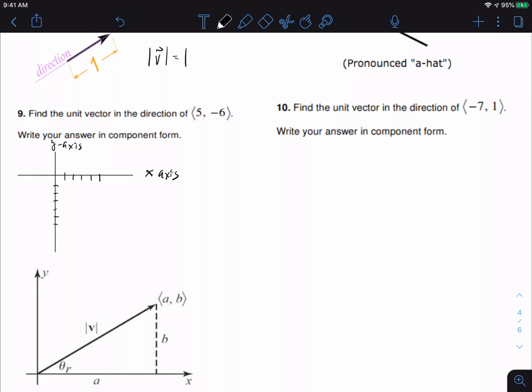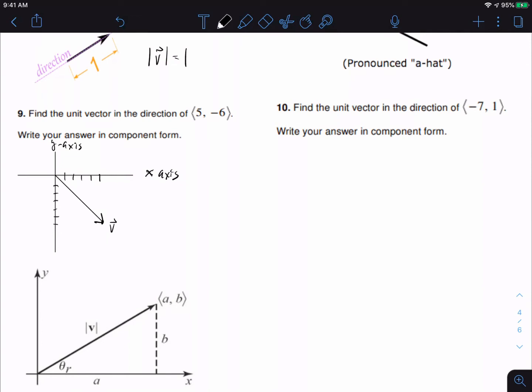And so this is the vector of those components, right? So this would be my component vector for 5, negative 6. Well, I want to know what the magnitude is of that vector, and I'm going to call that vector v.